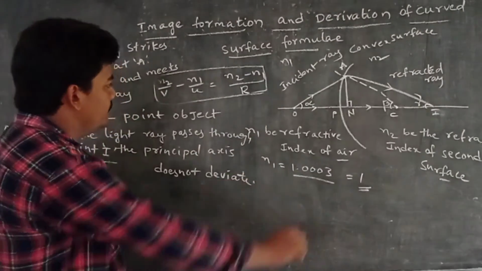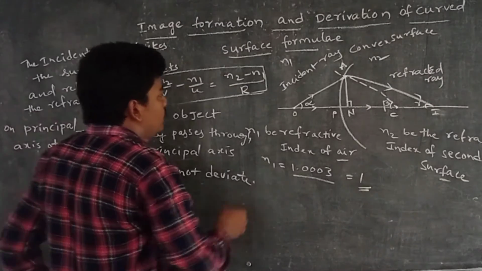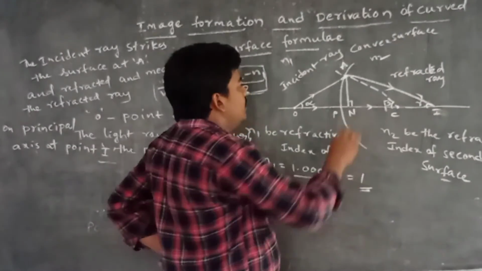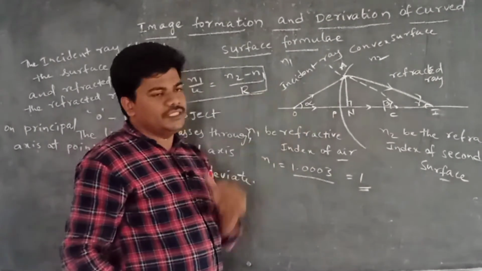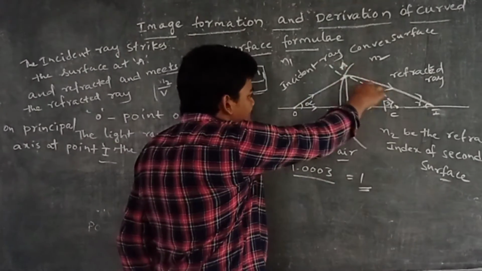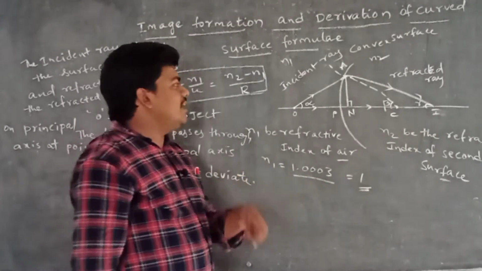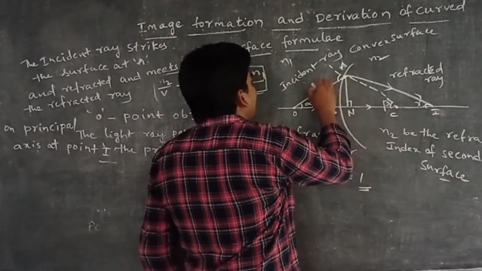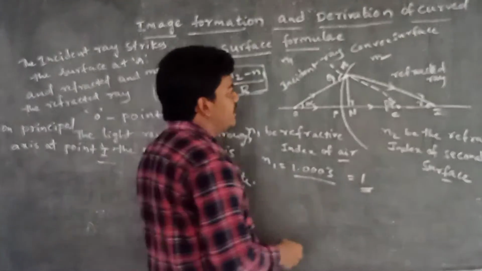From the triangle, we already know what is meant by angle of incidence. The incident light ray which makes an angle with the normal gives the angle of incidence, taken as theta 1.